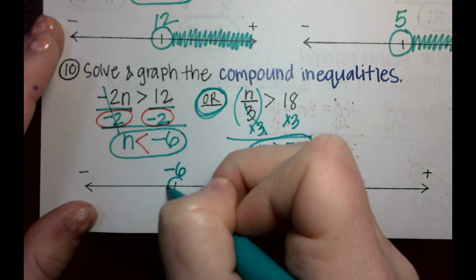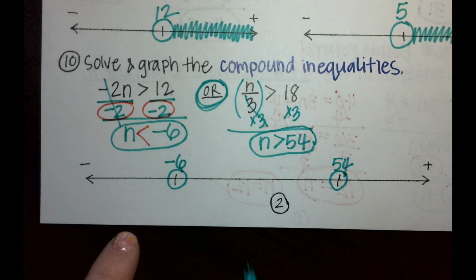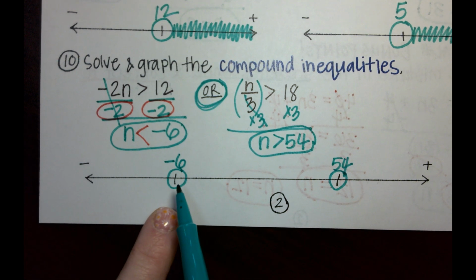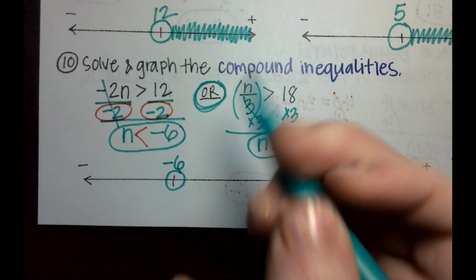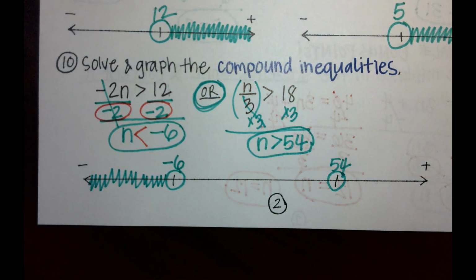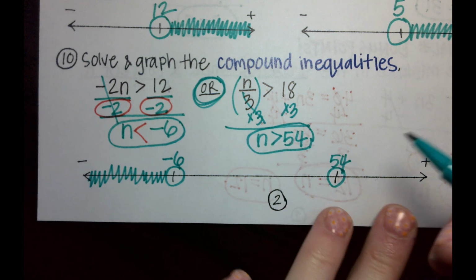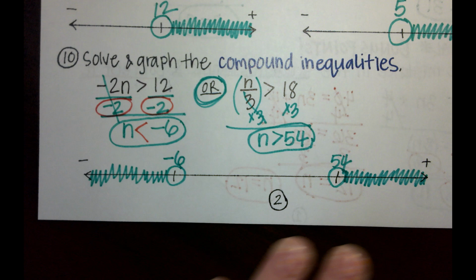Open for both of them? Okay, perfect. N is less than negative 6, so which direction do we shade? To the left, where it's less. Good. And n is greater than 54, so we'll shade to the right for the greater.